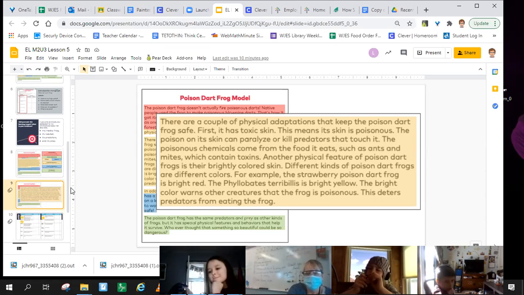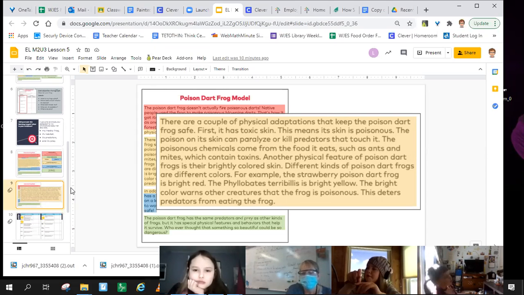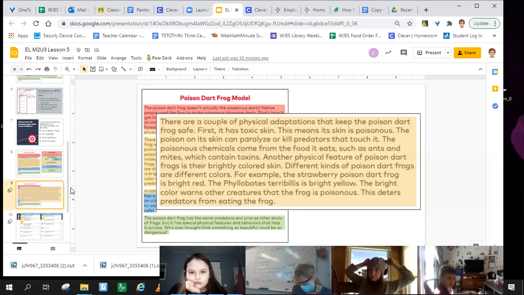Now, how does that help them survive, though? That's what goes in here. What does their toxic skin do for them? Well, it helps keep them away from predators, doesn't it? Predators might die if they eat them. Is that a pretty good way to survive?